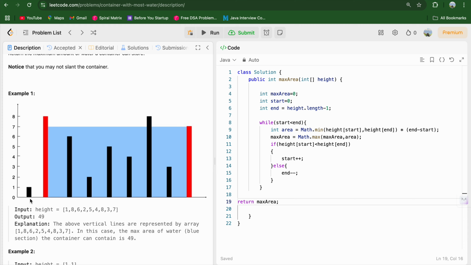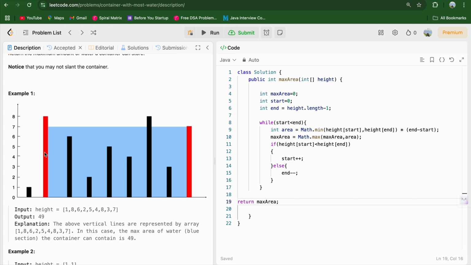Because initially we are calculating the breadth from this point to this point, and the height, that is 1. And if we are decrementing from the higher boundary, we are just shortening the breadth. So our area becomes comparatively less than the first one, and that is not what is expected. We want the highest area, maximum area, right? So this does not make sense. Similarly, when we shift the lower boundary, that is the shorter boundary that we got, and we are incrementing, we'll have a chance to see a vertical line which is greater than the previous one, and it might have a greater height, right?